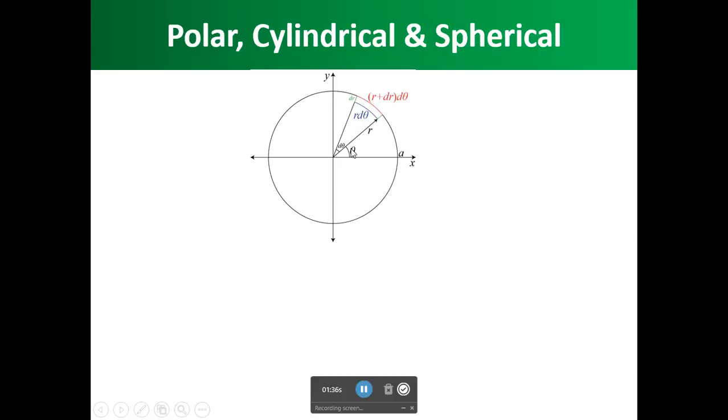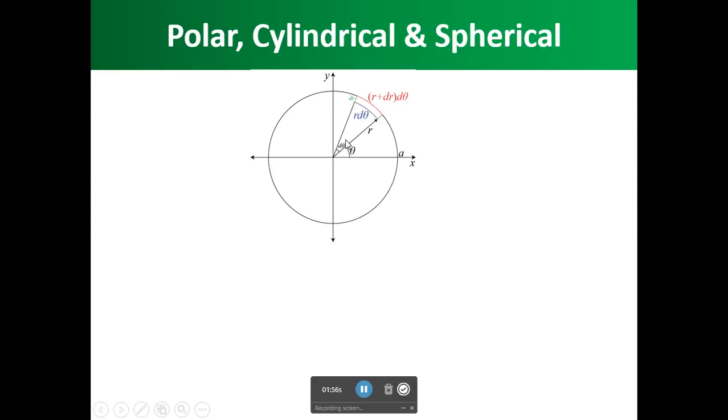R and then theta. So d theta is the change in theta, that angle. dr is the length that has changed. And our arc here, we can see that we have d theta.